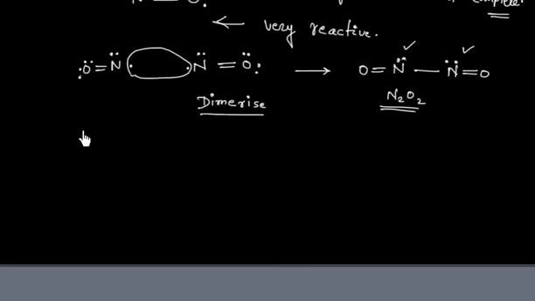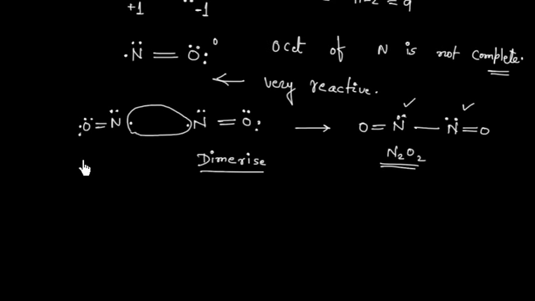Now we have another odd electron molecule, that is NO2. NO2 is another example of an odd electron molecule. Can you do this one? Basically you can write NO2 with at least one bond.